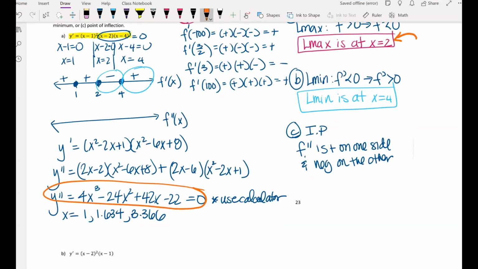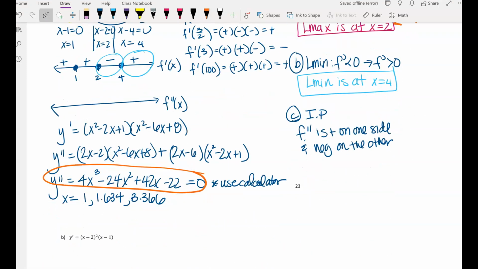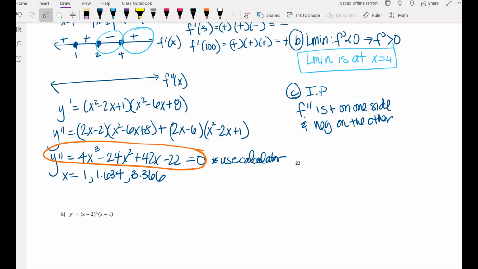Now, inflection point, guys, is when the second derivative is positive on one side and negative on the other, or vice versa. So we want to make sure we draw that here so we can find the IP. We got 1, then 1.63, then 3.37, and these are ugly numbers, so we are definitely going to use some help here.